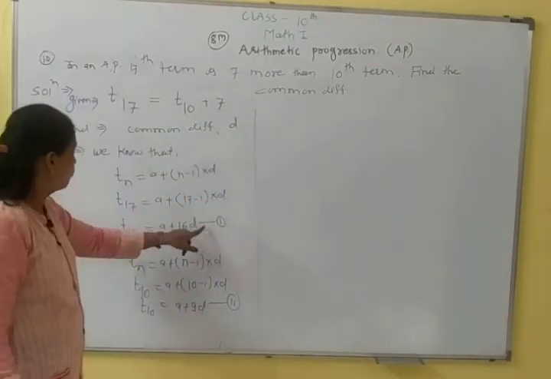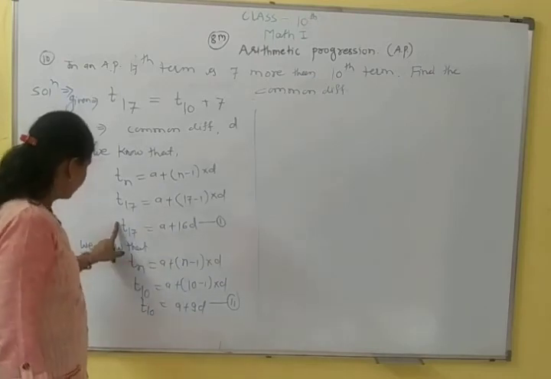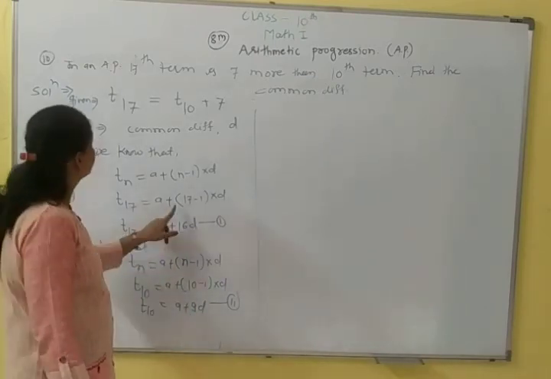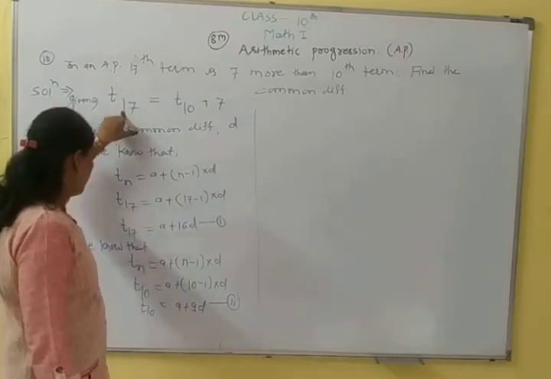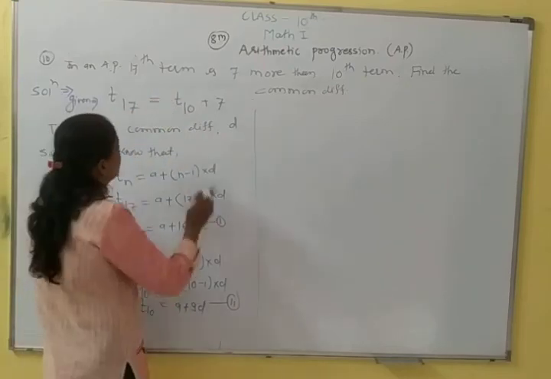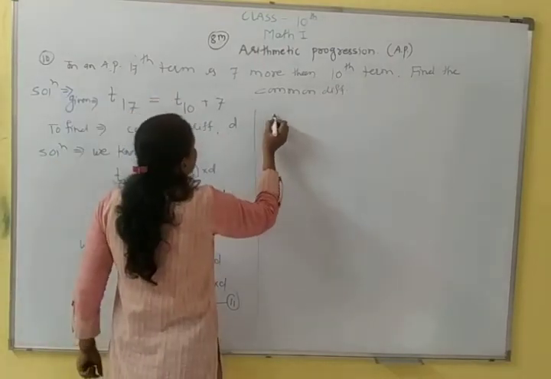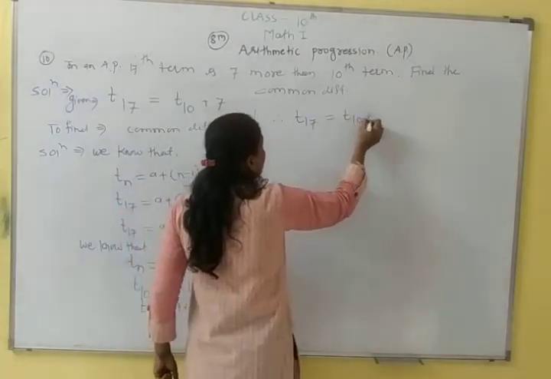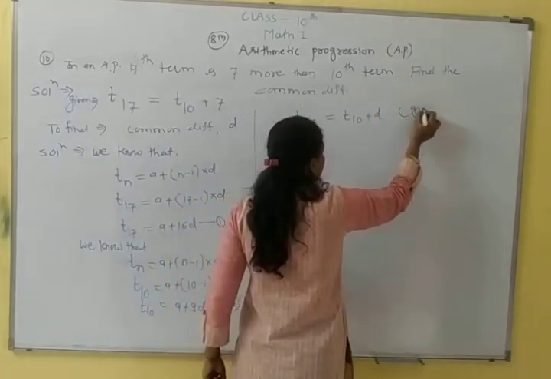From equation 1 and 2, T17 equal to A plus 16D, T10 equal to A plus 9D. Put these in the given equation. T17 equal to T10 plus 7, this is given.